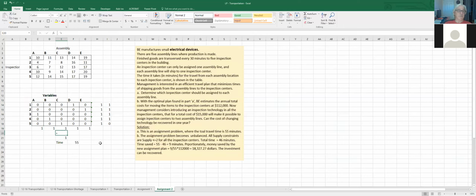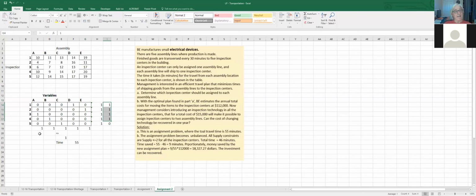How about changing this to less than or equal to 1? So 5 constraints, each one is less than or equal to 1. So one of them is equal to 0. I'll make those here equal to 1 because I want all the 4 inspection centers to keep working.